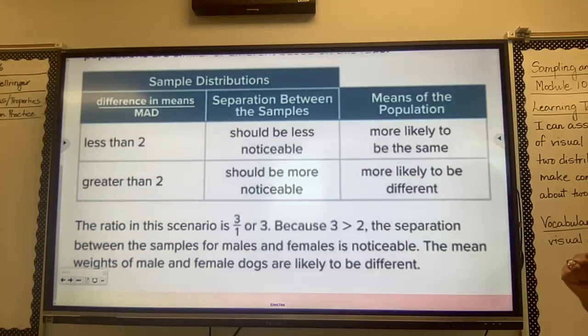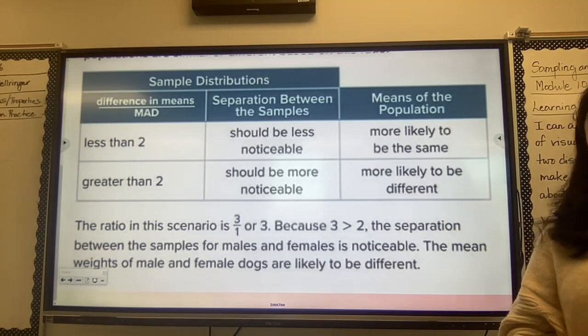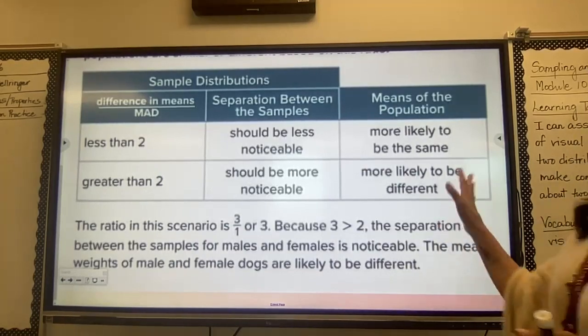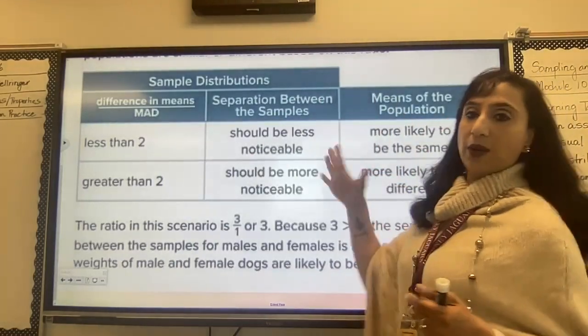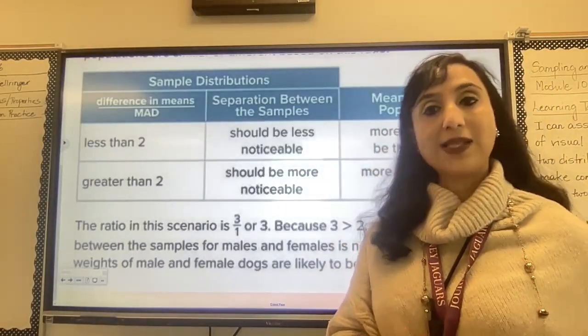So it's going to be more noticeable and more likely to be different. In the ratio that we just did, which is 3 over 1, or 3 MADs, because 3 is greater than 2, the separation between the samples for males and females is noticeable, and the mean weights of the male and female dogs are likely to be different. So this is one thing I just wanted to quickly grasp. If it's less than 2, it is going to be less noticeable.